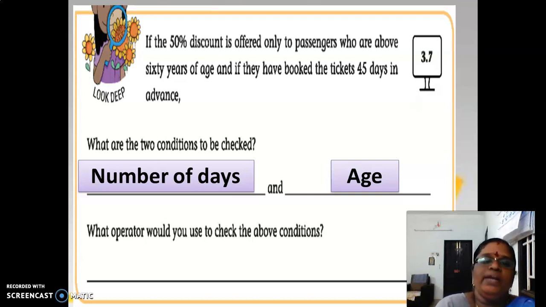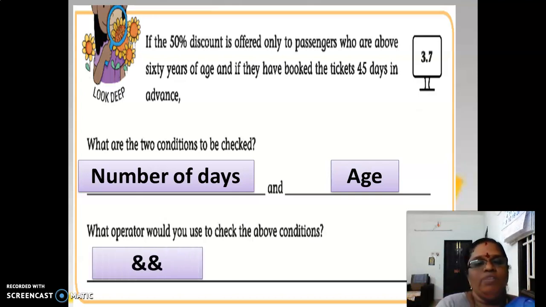What is the operator if two conditions to be checked? It is AND operator. We saw in chapter 2, right? So the operator to be used for checking two conditions together is AND operator. This AND symbol to be used to check the two conditions. Yes? Clear with 3.7 activity? I hope you are clear with this activity 3.7.